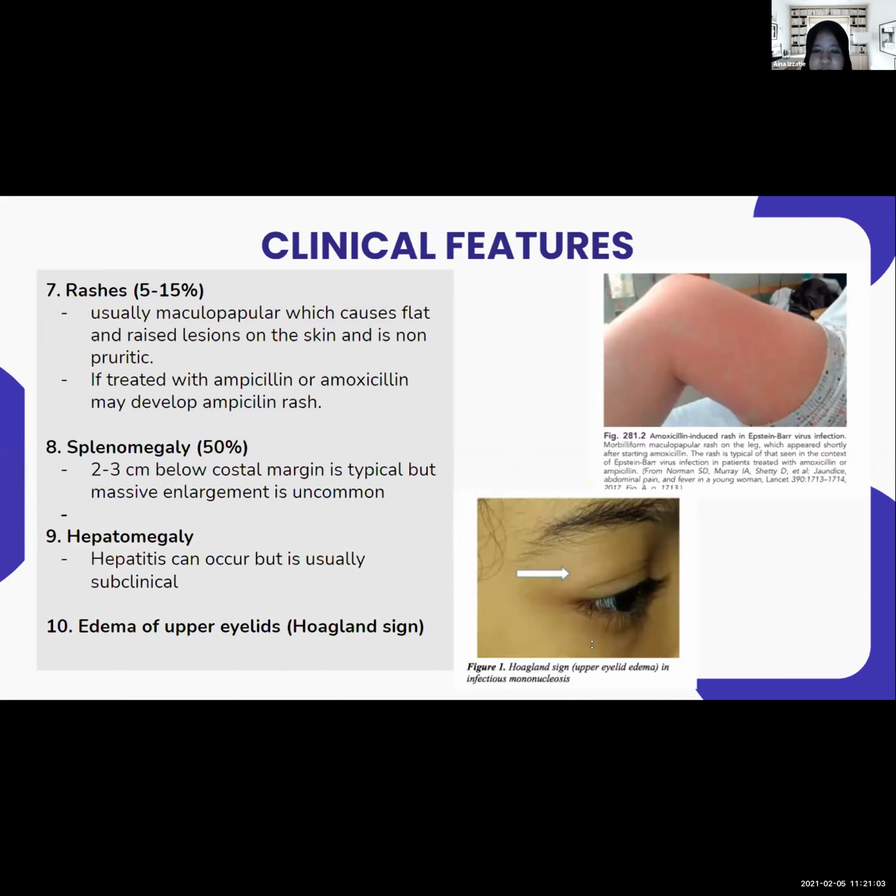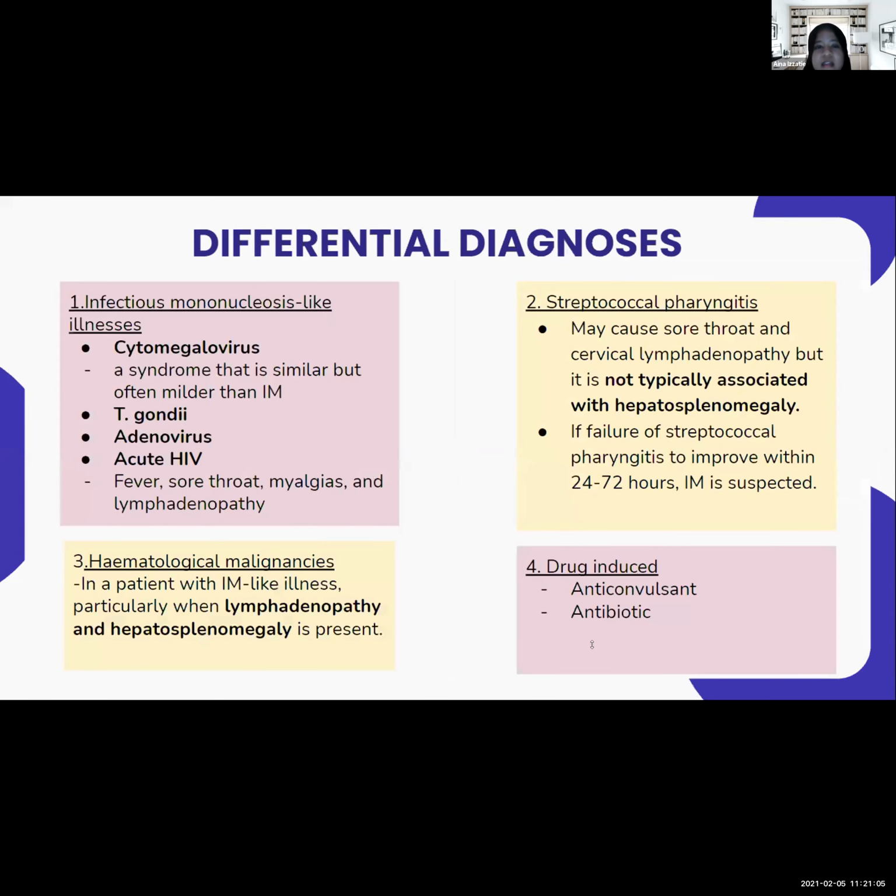Like in the picture. Okay, so for differential diagnosis, we need to suspect Epstein-Barr virus when an adolescent or young adult complains of sore throat, fever, and malaise, and also has lymphadenopathy and pharyngitis on physical examination. However, there are also certain diseases that can present with similar signs and symptoms.